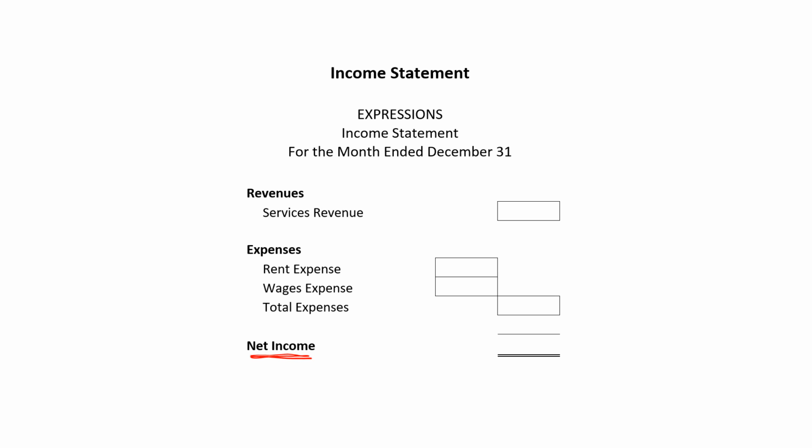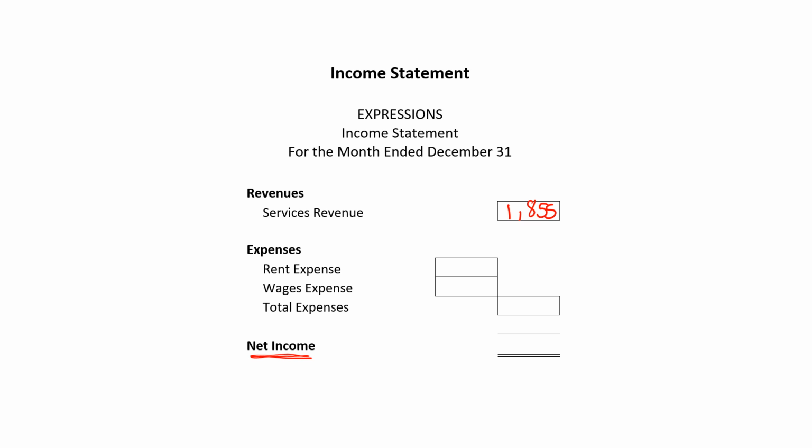On the trial balance that we just completed, the only revenue account that was used for this business was service revenue, and it had an ending balance of $1,855. So that means for the month of December, revenue was $1,855.